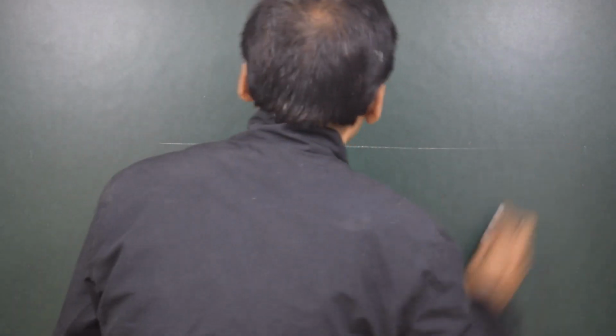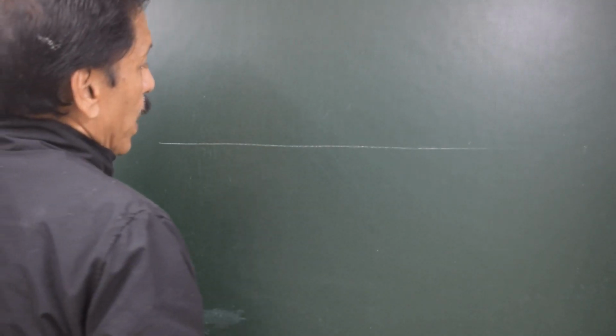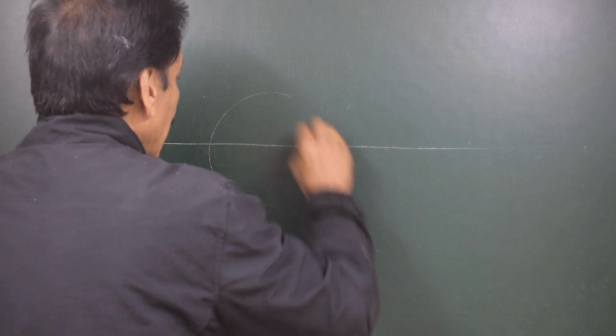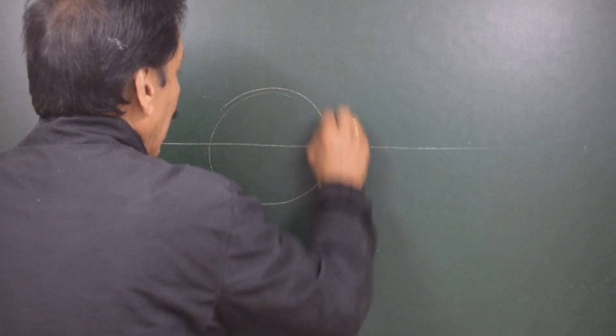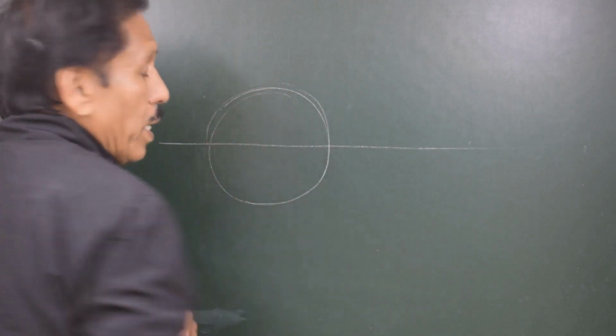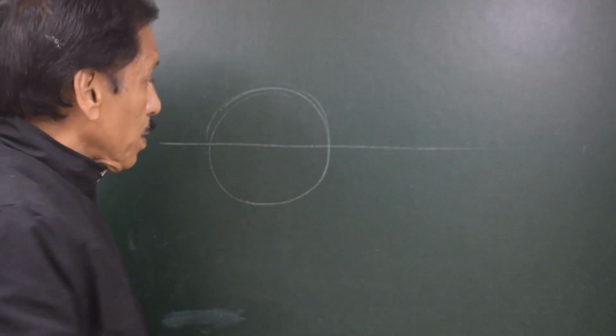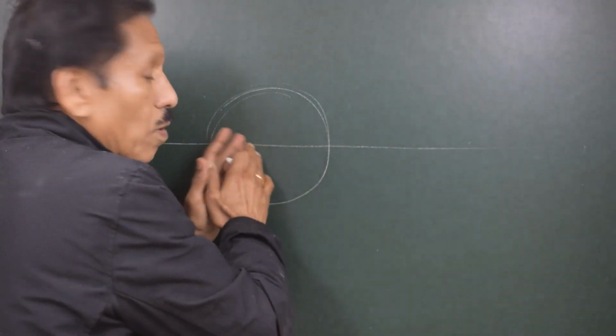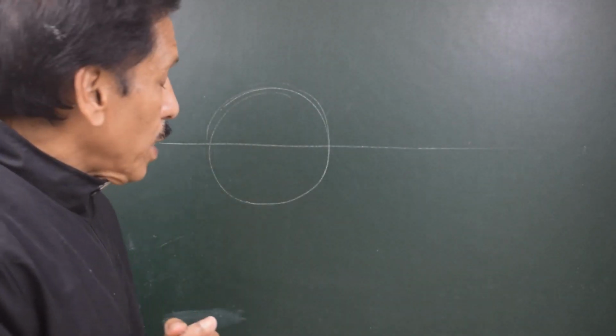Having understood that the heaps are caused by the sun and moon, let us try and understand what is spring tide and what is neap tide. Basically, say this is the ecliptic and this is the Earth. Earth and Sun have to be on the ecliptic. You cannot imagine the ecliptic without the center of the Earth and center of the Sun on it.